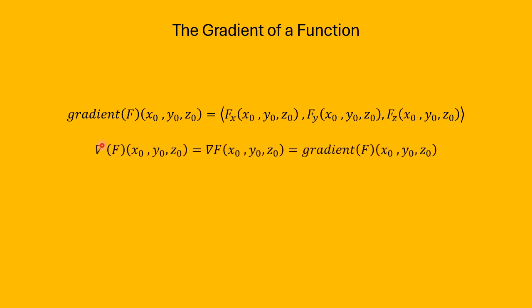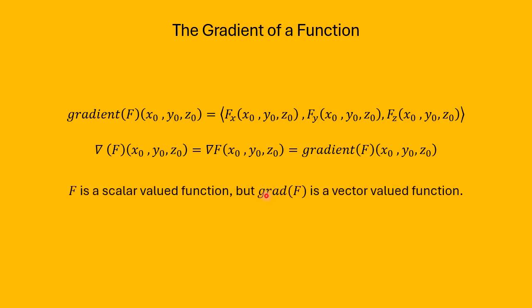The gradient of f can also be written this way, using this symbol to represent the gradient of f. You don't really need parentheses here. You can write the two together like this, and that's just what we call the gradient of f up here. So these are a couple more notations for the gradient.